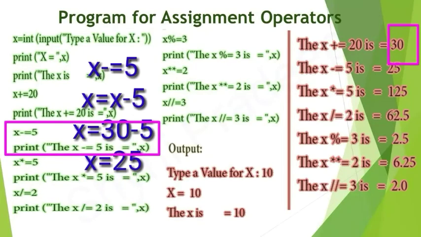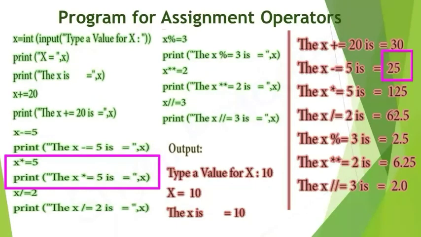Here you have to subtract 5 from X and assign that result to the X variable. So X equal to X minus 5. Now what is the value of X? 30. 30 minus 5. So X equal to what? 25. Now here write the result 25.